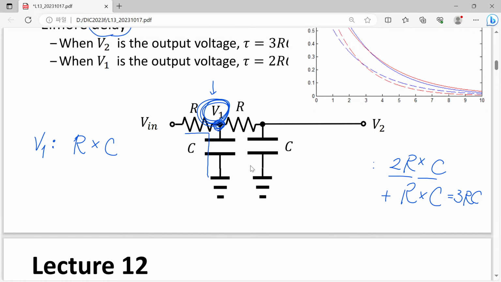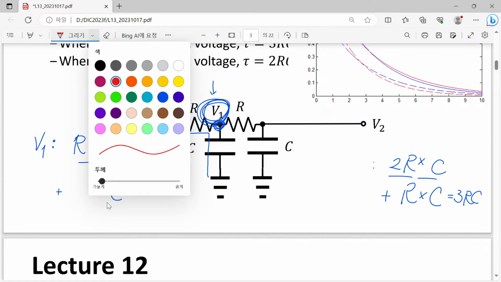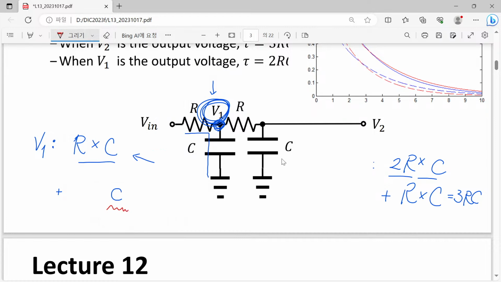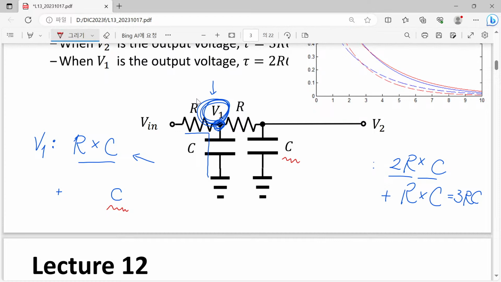However, at the time I told you to neglect the C attached to this part, but that was wrong. If you consider this circuit, anyhow we have to consider the C contribution, the effort to fill out this second capacitor. The point is, the path should be calculated a little bit more carefully.